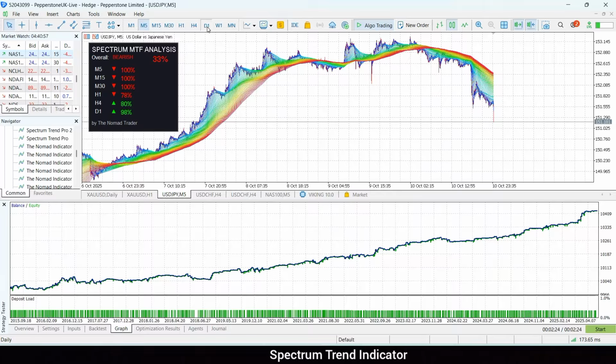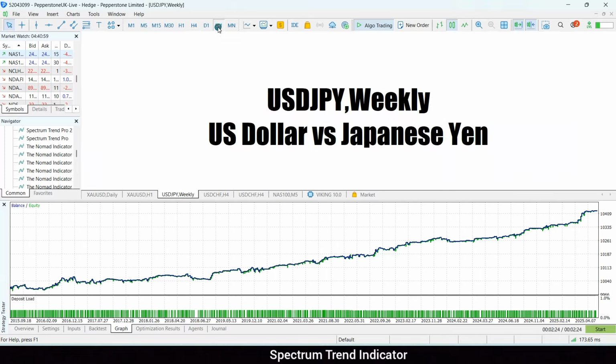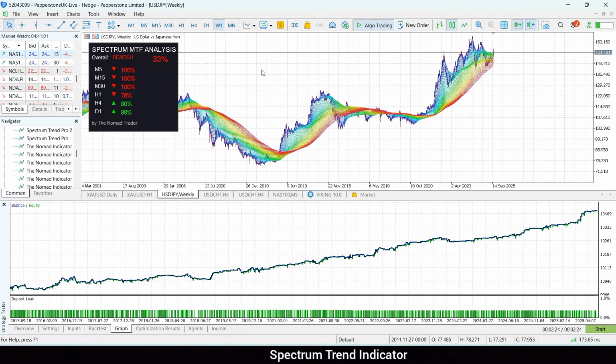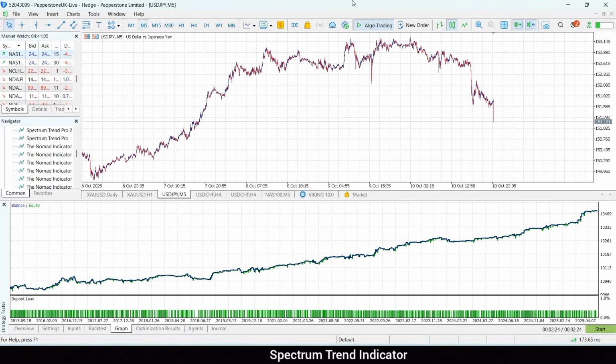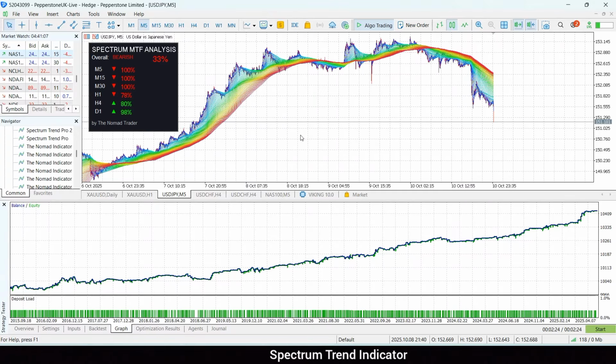You don't want to check all the time frames crazily like a madman, because for many traders that is just too exhausting. This is why I have this dashboard, because you see all the directions, and you see that the lower time frames and the higher time frames are not aligned with each other. At that point, I wouldn't take a trade. I would wait.